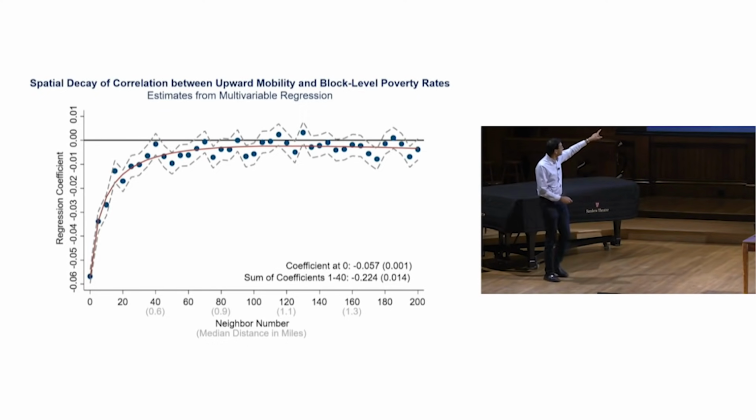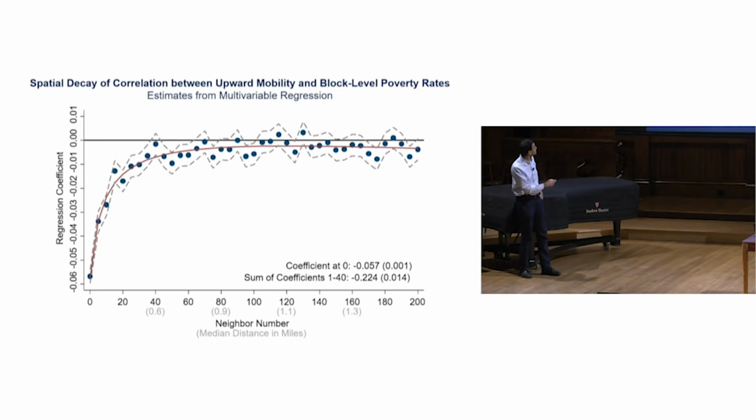And then we do the same exact analysis, regressing outcomes in your own block on poverty rates in the same block, the block that's 1 over, the block that's 2 over, 3 over, and so forth, for the 200 closest blocks. So we're zooming into a finer level of geography, right?